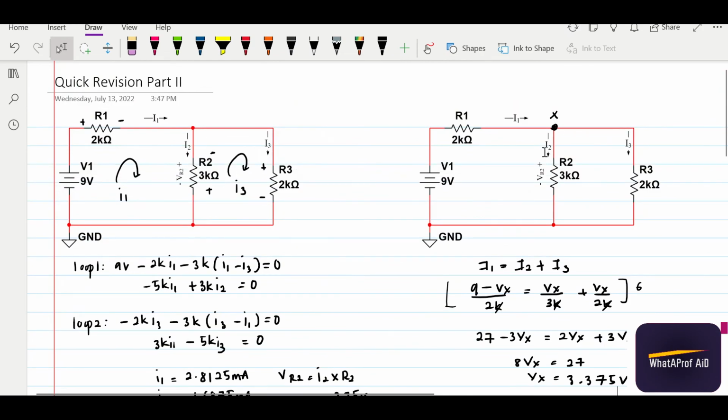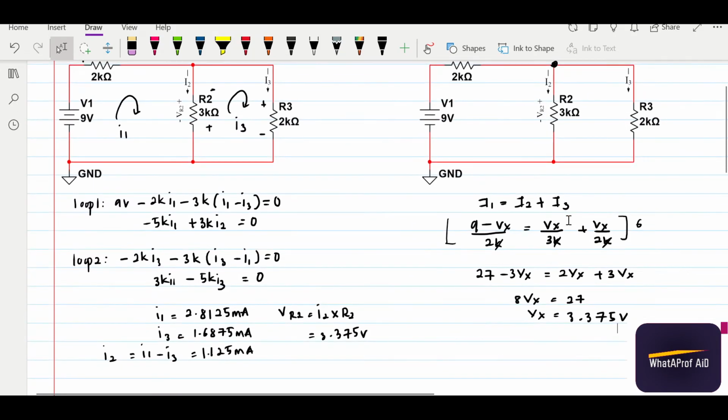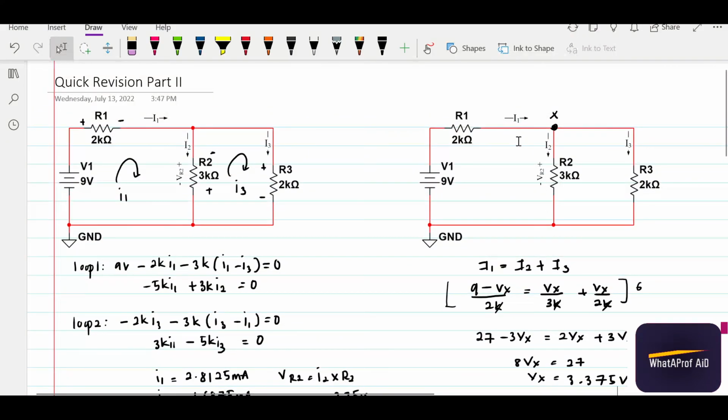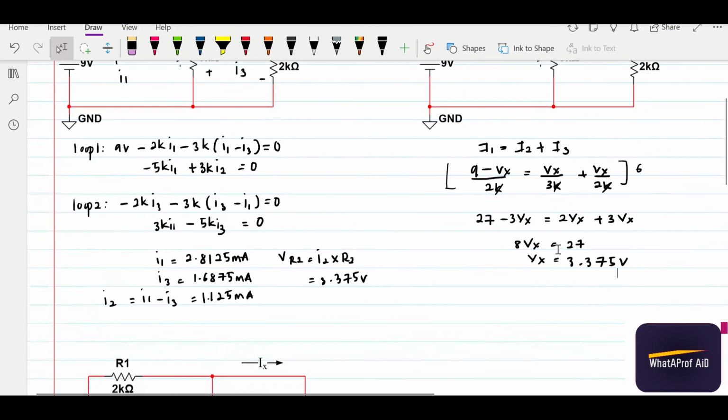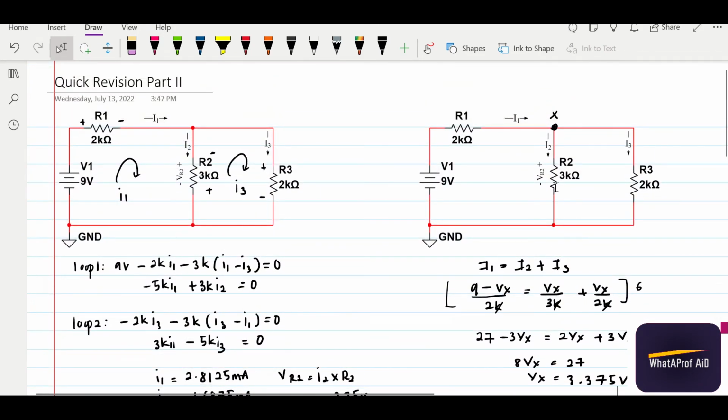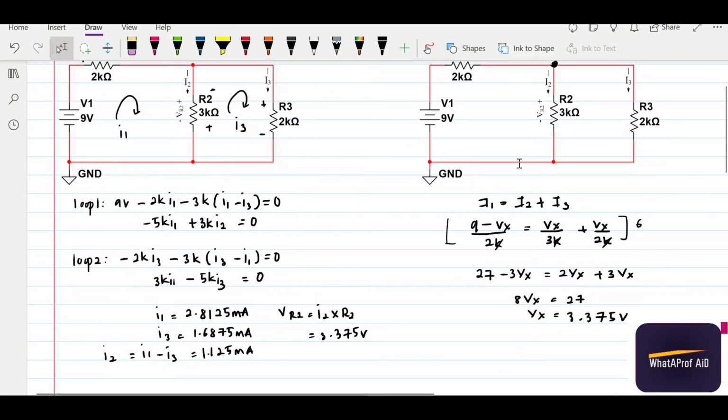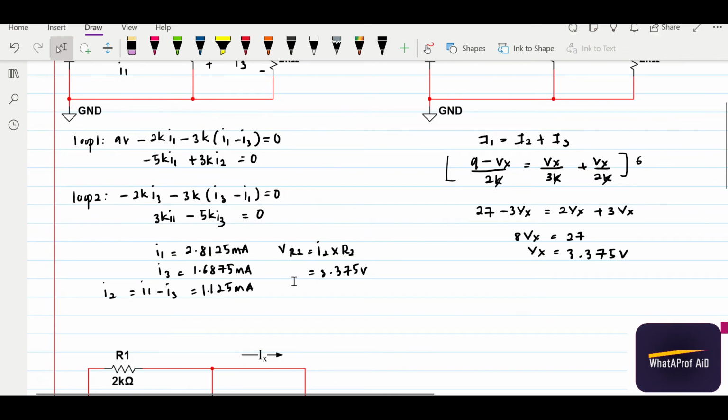Because we don't have any other voltage supply here, so Vx will be the same as VR2. Then for the current, for example if we want to get I1, we can use the same equation: I1 equals 9 minus Vx over 2, and this current we can get by Vx divided by 3, and you'll get the same current. So everything will be the same with the circuit.